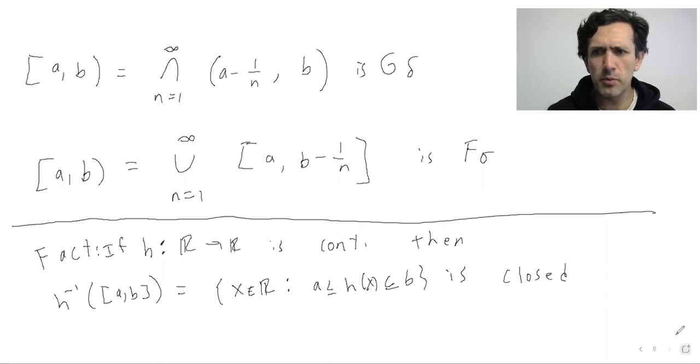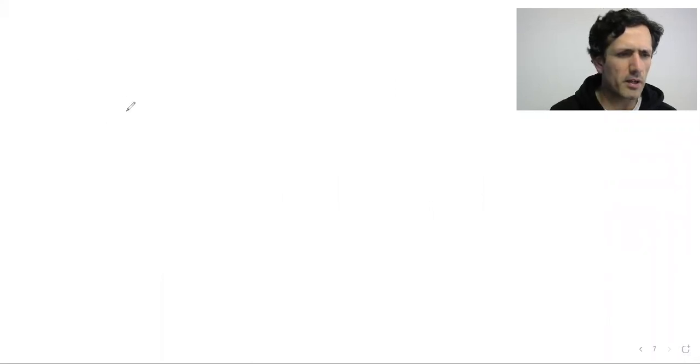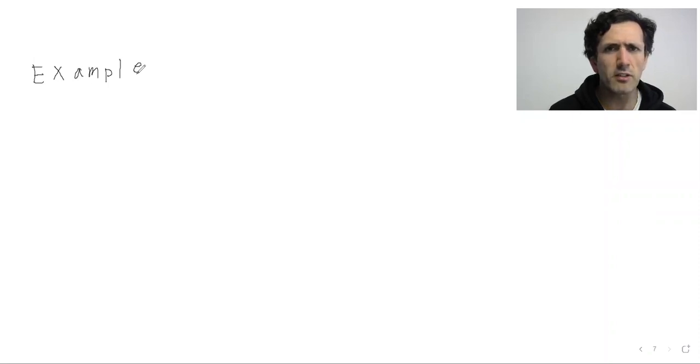All right, so let me prove the following. Let me do the following example. And this will be a very natural example of where countable intersections of F sigma sets arise.